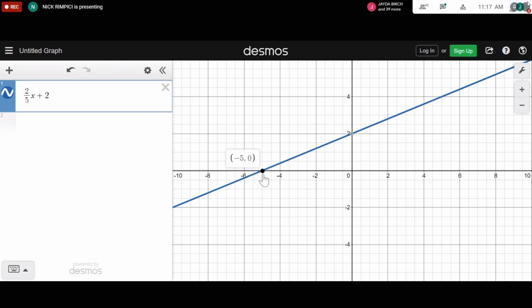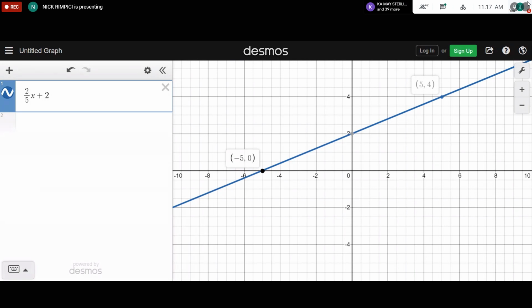So there's negative 5, 0. It's on my line. And the other point's 5, 4. Let me make sure. And we can see that 5, 4 is on the line, okay? 5, 4 is part of my line.